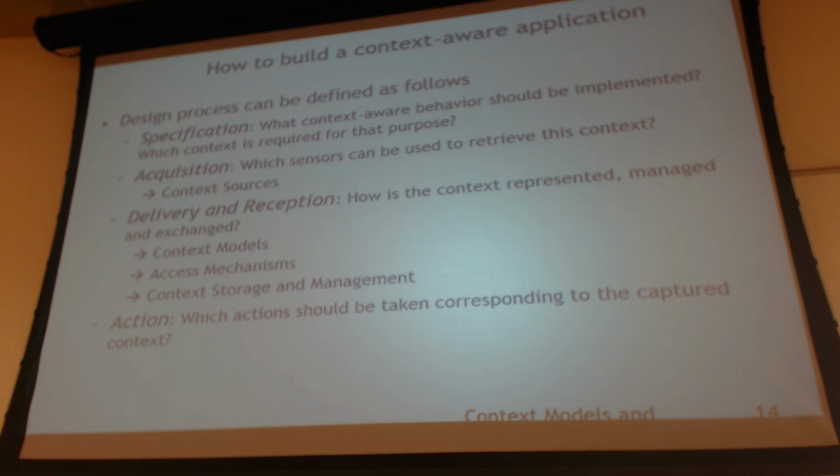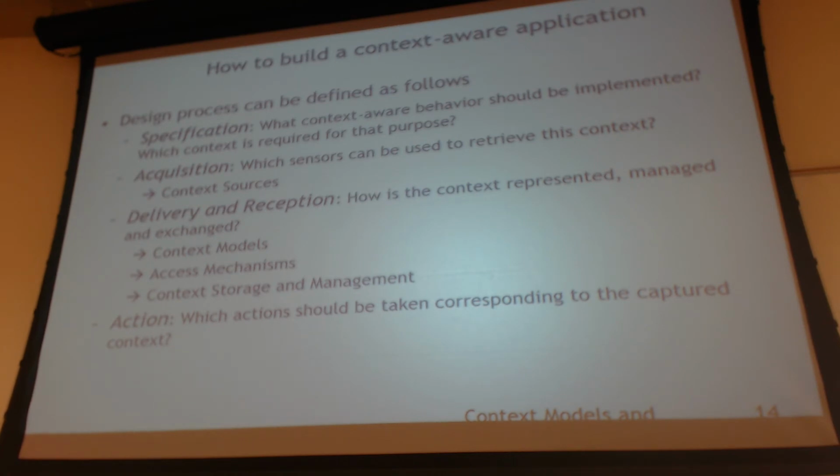That can be affected by factors such as the storage capacity of your device, or, given the algorithm that predicts future context based on usage history, how long does it take for the algorithm to do that? Does it increase with the amount of history? If I increase the history, will the algorithm take more time? Or how much more time will it take? You cannot use an infinite amount of history. It will take an infinite amount of time. So those are certain factors that affect context storage and management.